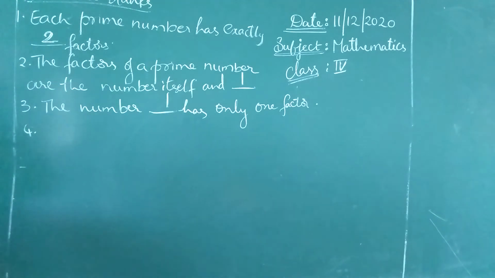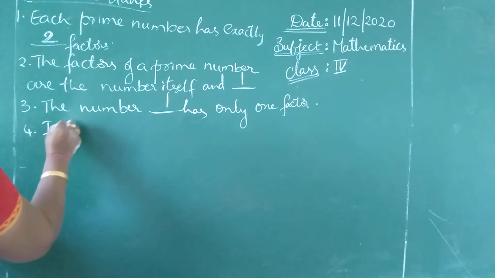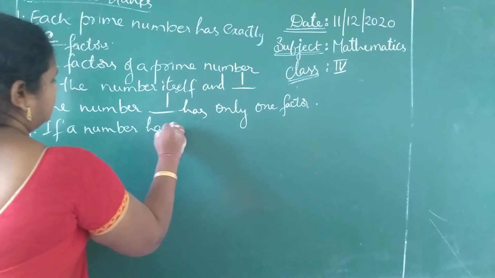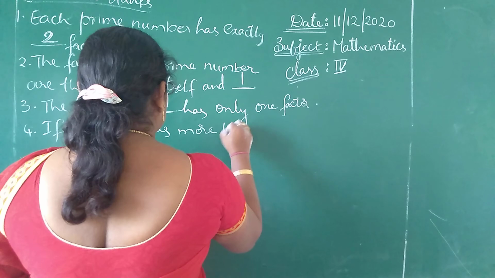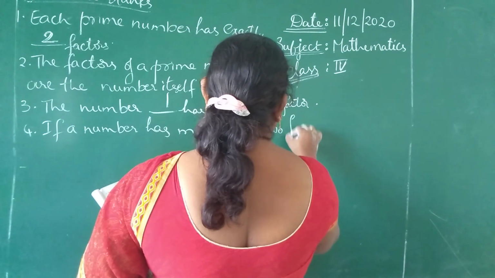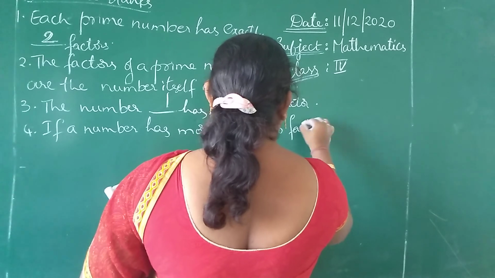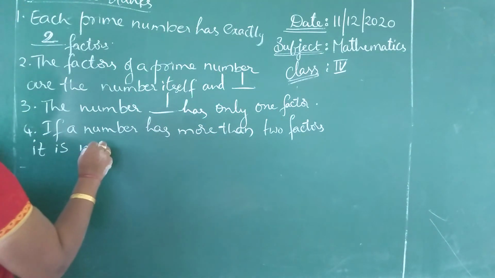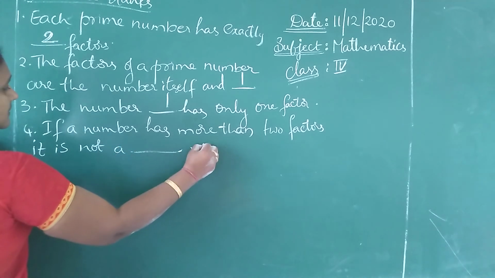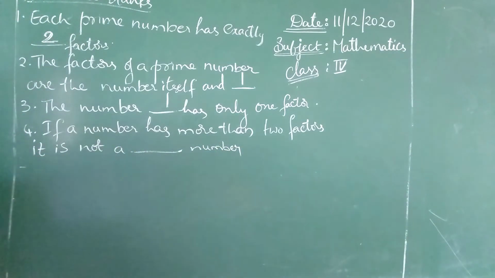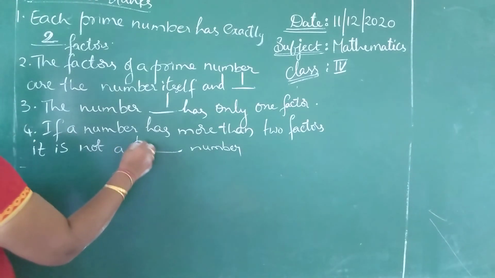If a number has more than 2 factors, it is not a dash number. If it has more than 2 factors, it is not prime. It is a composite number.